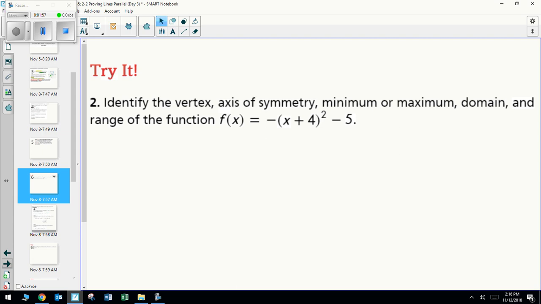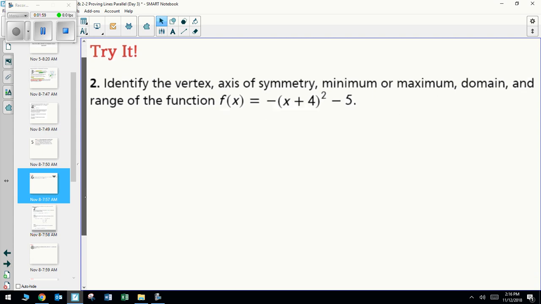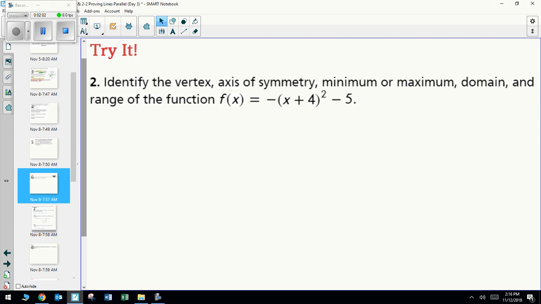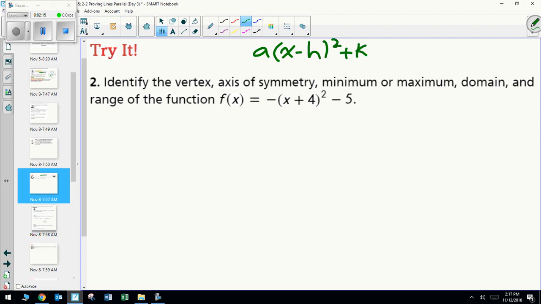So, in this problem, we want to identify the vertex, axis of symmetry, min, max, domain, and range of this function. So the first thing I do is compare it to the standard form, which is given there. Now, if I compare it, I notice that the signs are opposite. So here, my h and my k aren't going to be 4 and 5.